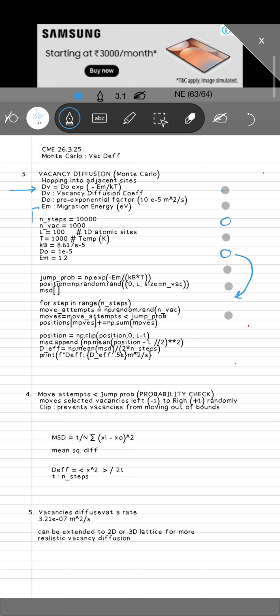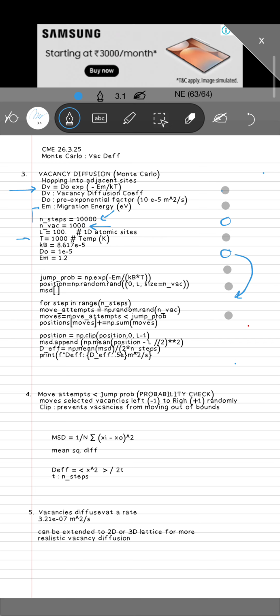So we have considered the number of vacancies available to be around 1000, and the number of attempts or the sampling of the Monte Carlo simulation has been done with 10,000. The number of atoms, one-dimensional lattice sites, I mean these are the atomic sites which may or may not contain an atom if there is a vacancy.